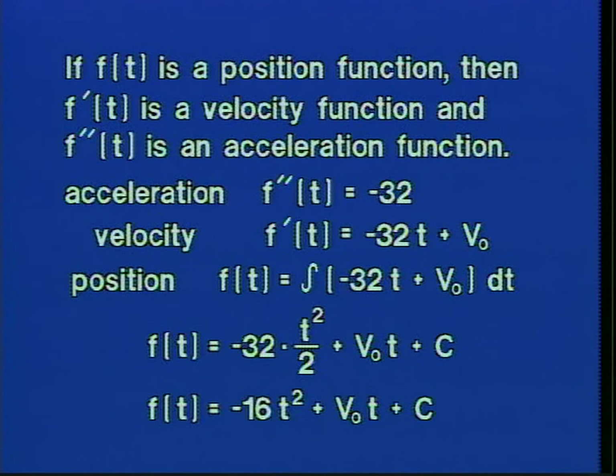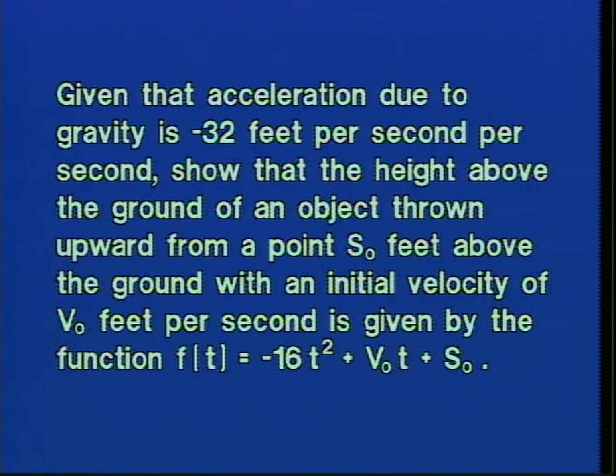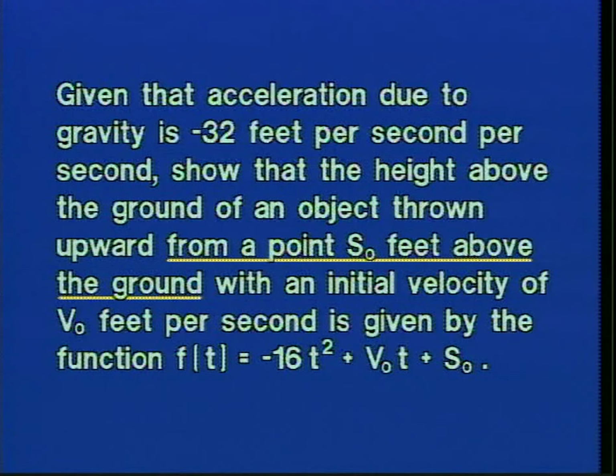We'd like to examine the problem and figure out what we can replace C with. And remember that from our original, here's the original problem, and there's something I want to point out to you here. It says from a point s0 feet above the ground. So the whole problem is starting at this point, this initial point. So kind of like initial velocity, this is an initial position, and it's the position when no time has elapsed.